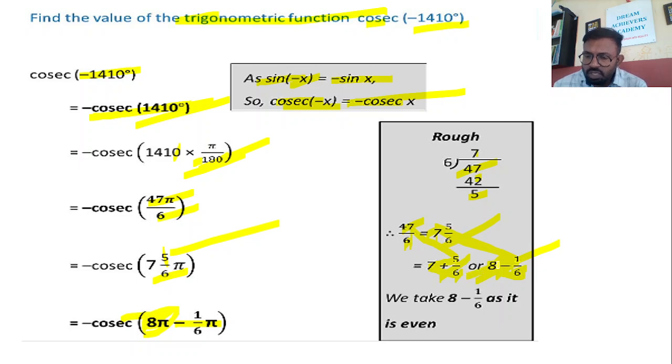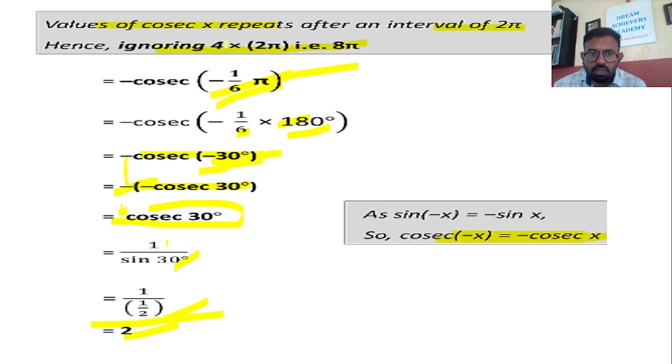Here 8 minus 1 by 6, I will take it as it is, an even number. So, I can write it as 8 pi minus 1 by 6 into pi. 8 pi we will neglect. I will ignore the value of 8 pi and take minus 1 by 6 into pi. I will substitute the value of 180 degree and divide it, I will get minus 30 degree.